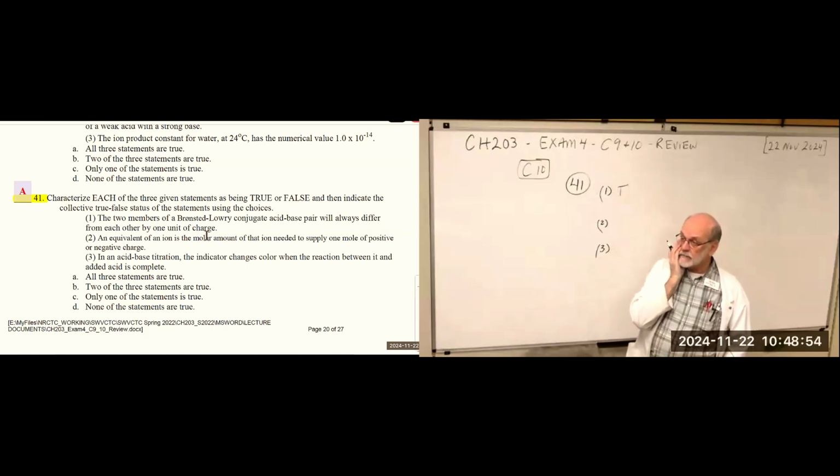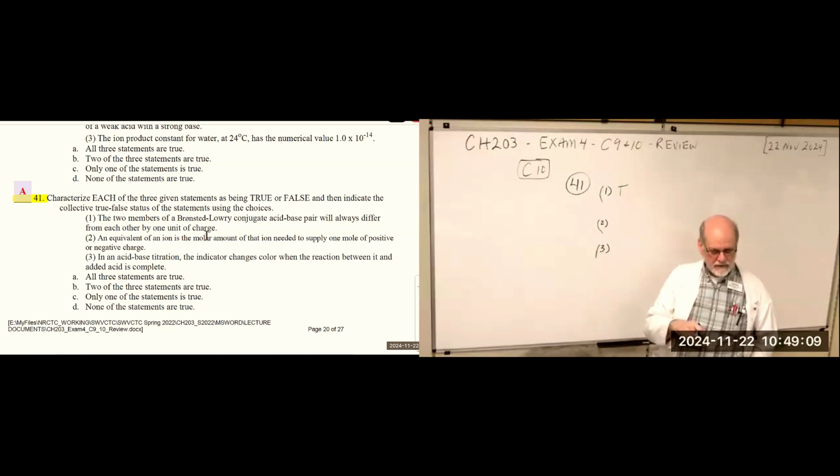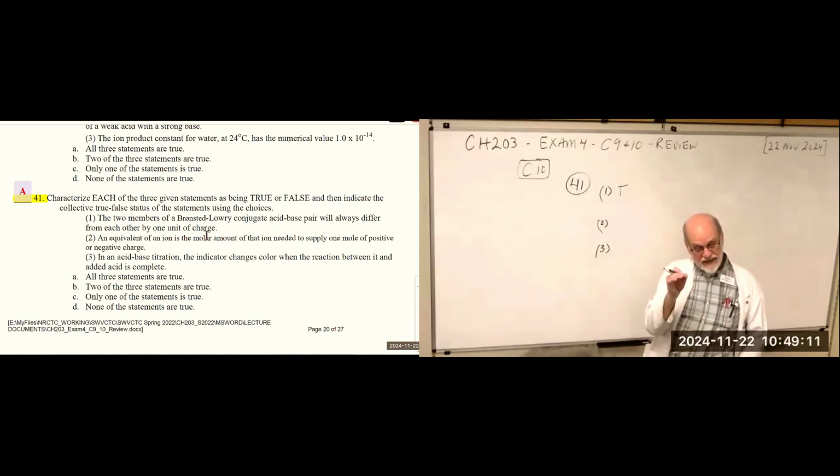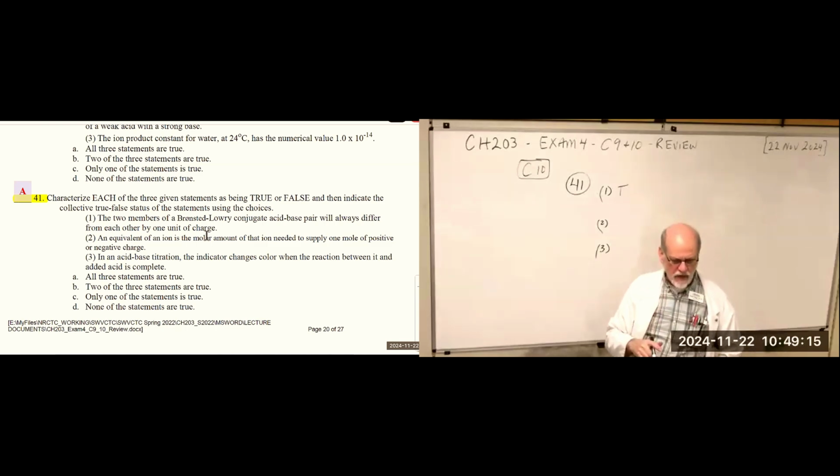The conjugate base of the acid will have an increase in negative charge. If it's neutral, you'll have a negative. If it starts off negative, you have 2 negatives. But it leaves an electron behind when the hydrogen leaves. So yeah, it's always 1 unit of charge.